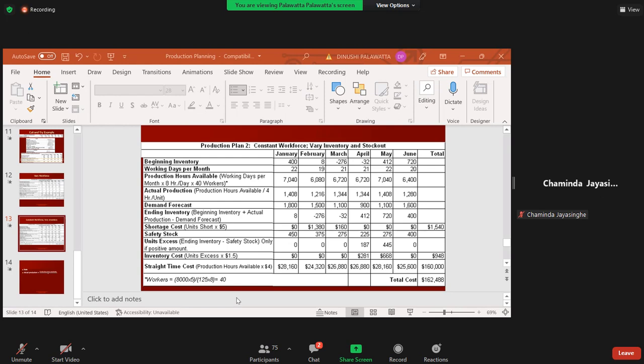The profit you could have earned by the sale is lost. That amount is one part of the shortage cost.